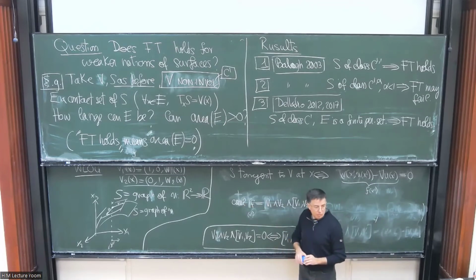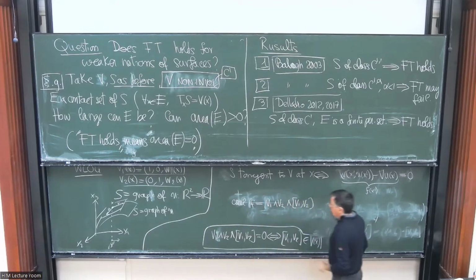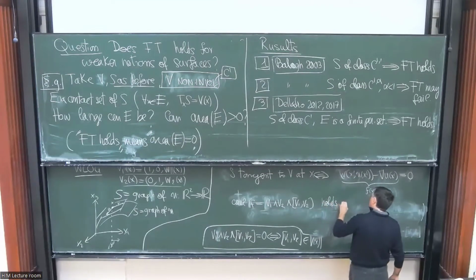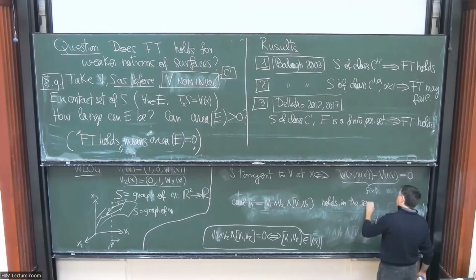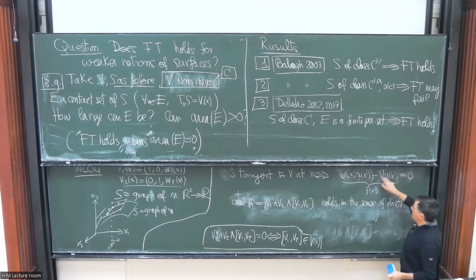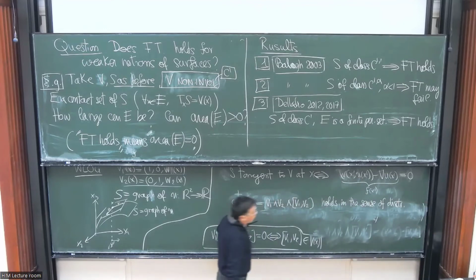Despite this, this identity holds in the sense of distribution. I need distributions when I compute the curl of this. This is no problem here; this is a pointwise computation, but this one has to be computed in the sense of distribution. Now, what you would like to say is that if F is 0 on a set, so now we go.